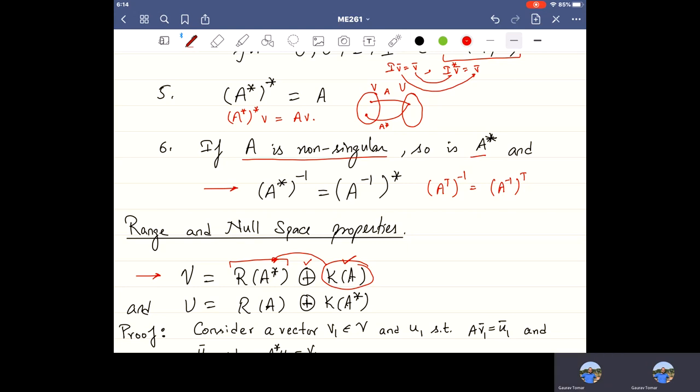Similarly, the vector space U can be constructed as a direct sum of the null space of A transpose and the range of A.